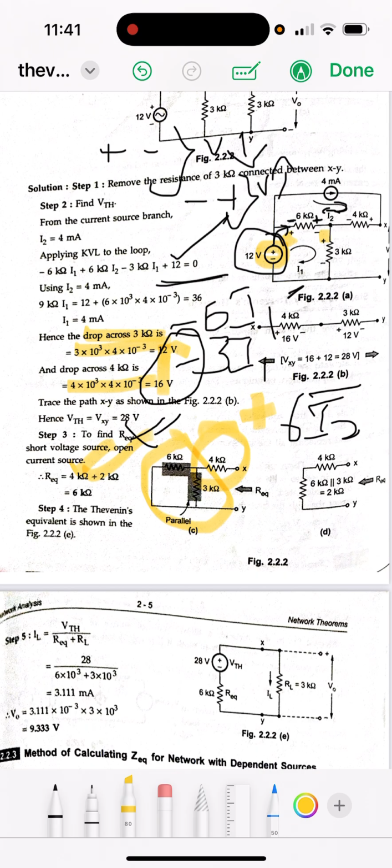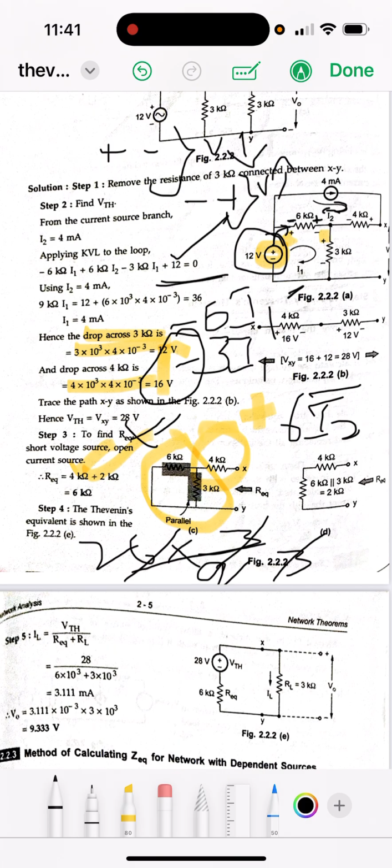If you don't know, just do 6 into 3 by 6 plus 3, that is 18 by 9, which is 2 ohms. So R equivalent is 6. And IL is VTH by the total resistance, VTH I already got, R equivalent also I got. Then the load RL is also given in the question, 3 times 10 power 3. That's all.